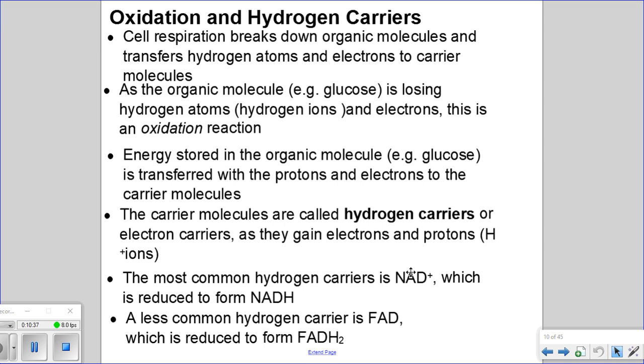There's the NAD+, and then the reduced form, the NADH, when it gains an electron and a hydrogen. Now there is another carrier, which is less common, called FAD. And FAD gets reduced to form FADH2. So this is the reduced form when it's gained electrons and hydrogen ions, and this is the oxidized form.